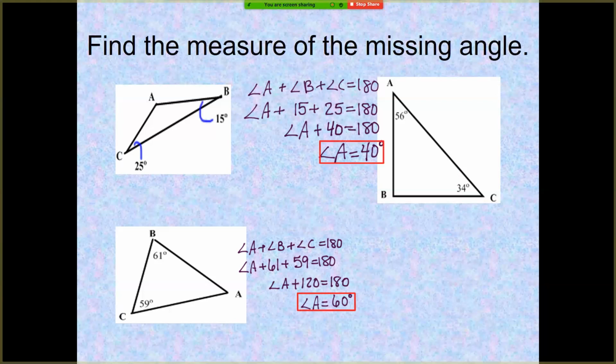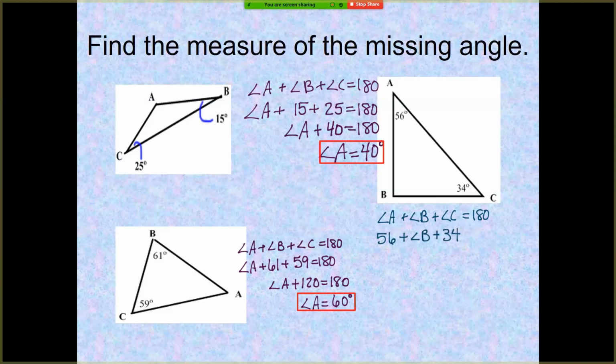And then the last one over here to the right, this time, again, angle A plus angle B plus angle C has to equal 180 degrees. But this time I'm missing angle B. So here I can plug in 56 for angle A. Angle B is going to stay angle B because that's what we need to figure out.